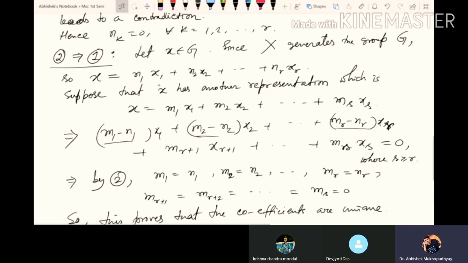So actually someone may ask how do you know that these x1, x2, ..., xr will be the same for the two representations?